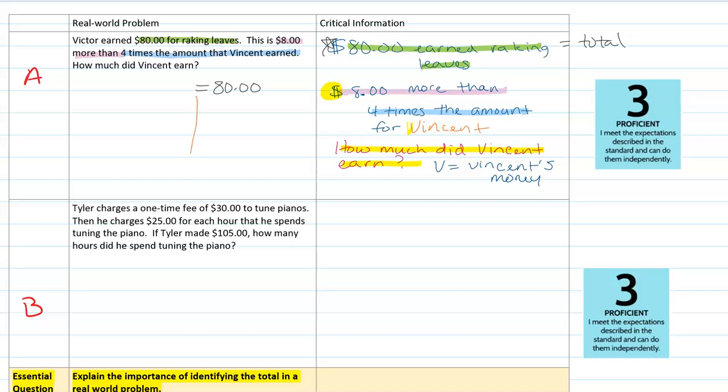I think I'm going to keep with my pattern. And I'm going to identify. Sorry about that. My computer was being funny. So if I know that right here, V stands for Vincent, I'm going to match whatever number goes with Vincent. And it looks like the number 4 goes with Vincent.